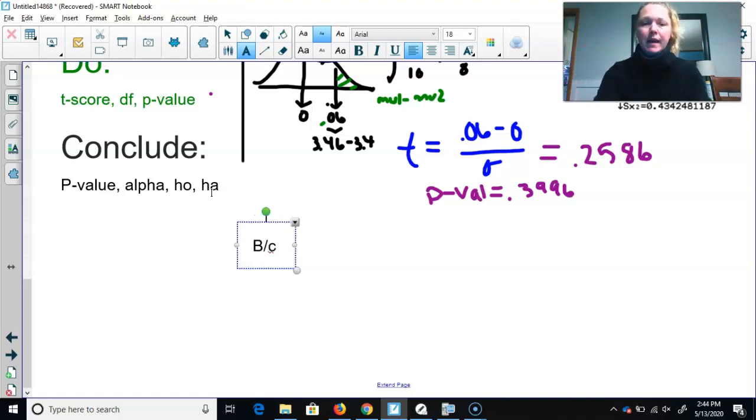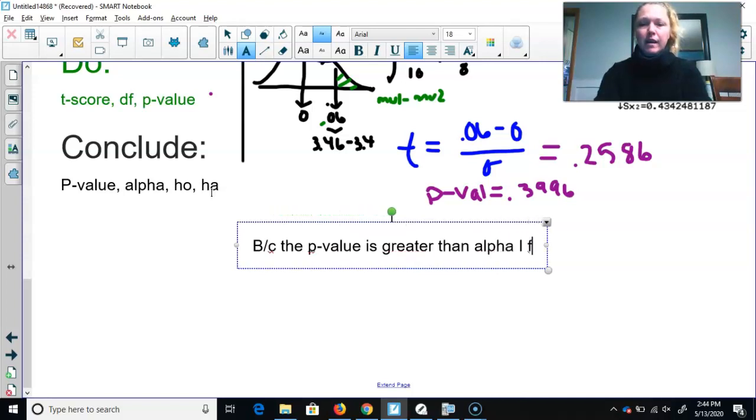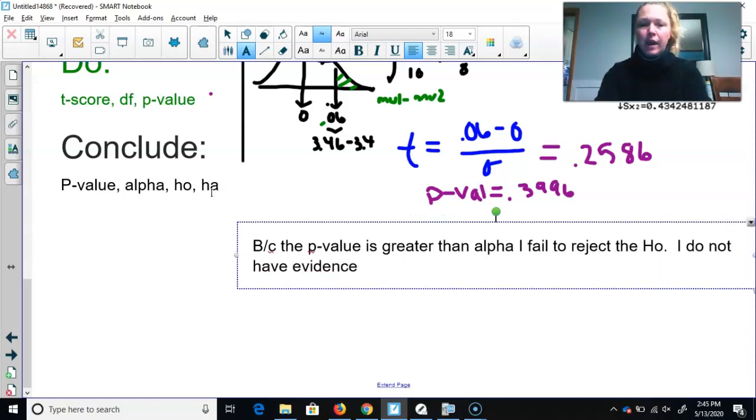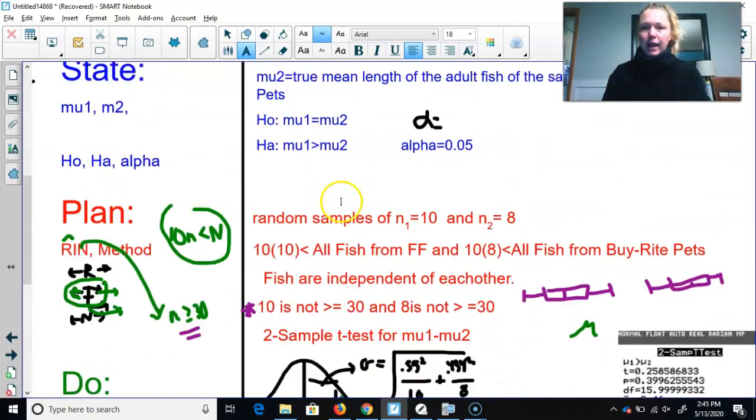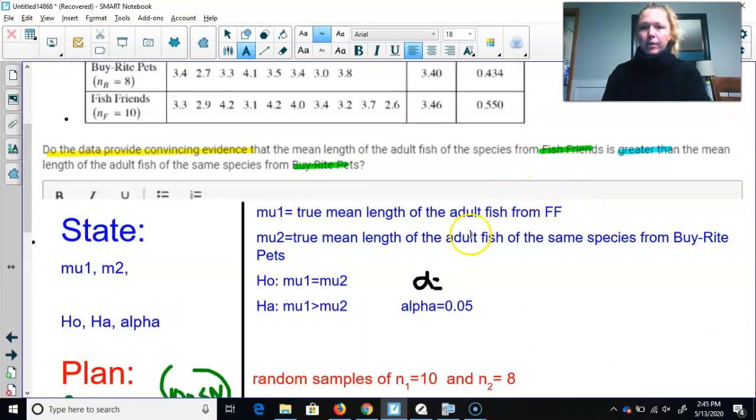So I'm going to say because the p-value is greater than alpha, I fail to reject the null hypothesis. I do not have evidence, okay? Now again, some people struggle with the context. I'm going to go right here.